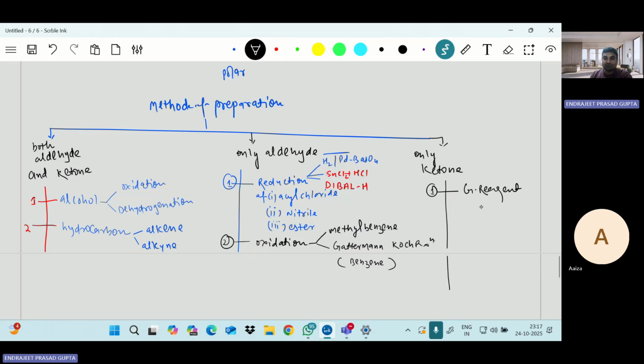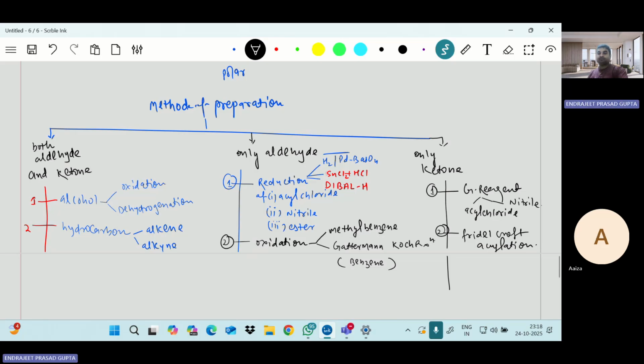So we will use Grignard reagent with acyl chloride, and with nitrile, cyanide, that also we can use. And the second one is Friedel-Crafts acylation. By this method, we can prepare ketone.